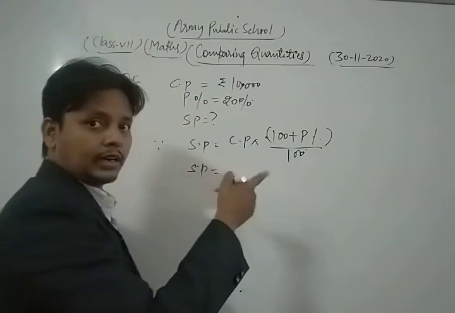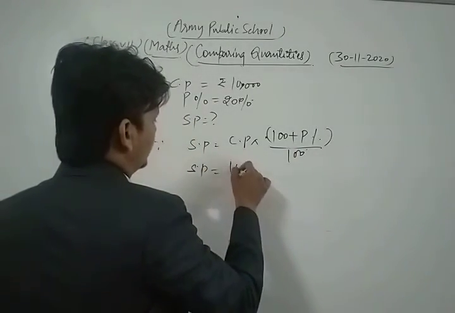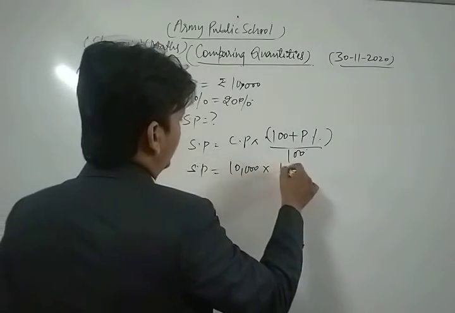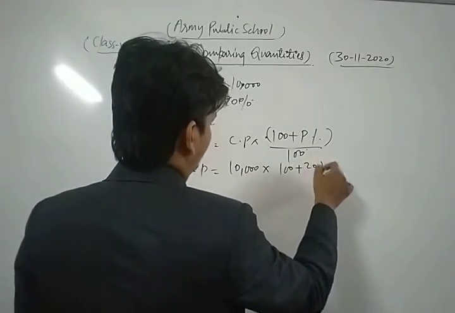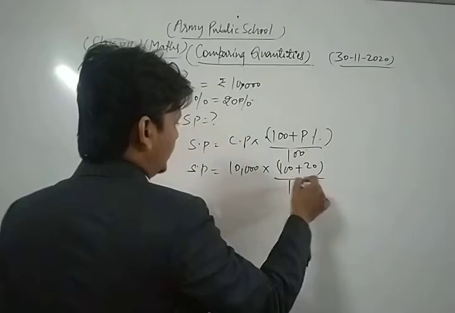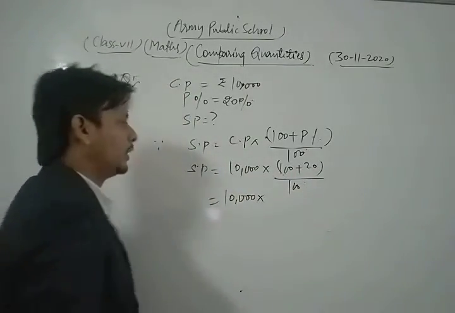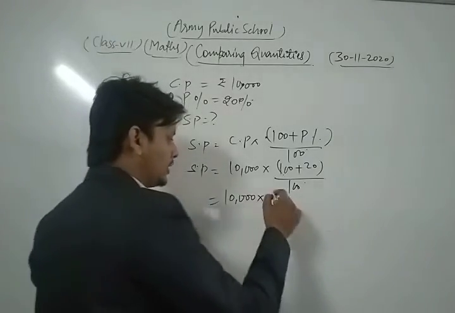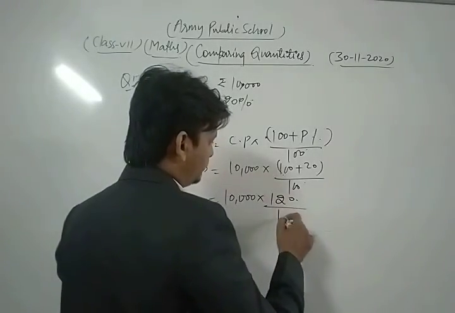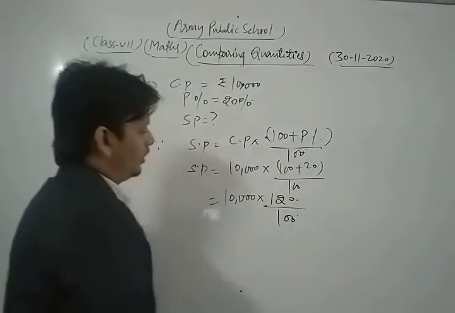Now we put in all the values. CP is 10,000 into 100 plus profit percent 20 upon 100. Now 10,000 into 100 plus 20, that is 120, upon 100.